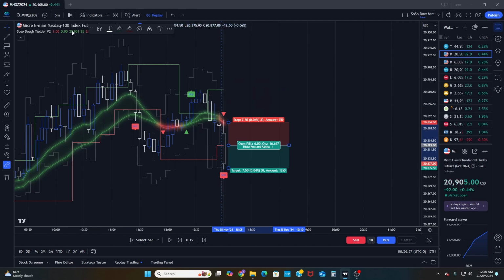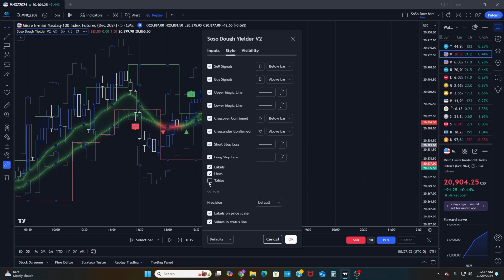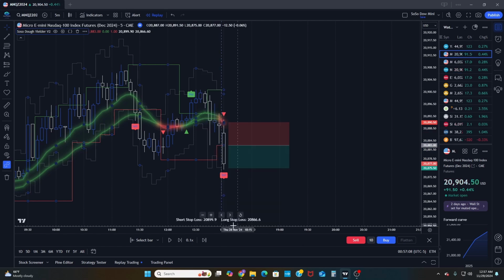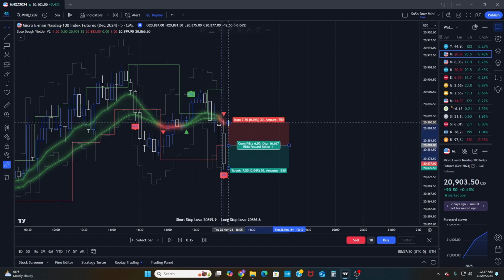Let me go up here and turn my tables on so that it actually shows. All right, so the stop loss line is at 20,900, where the line's at.